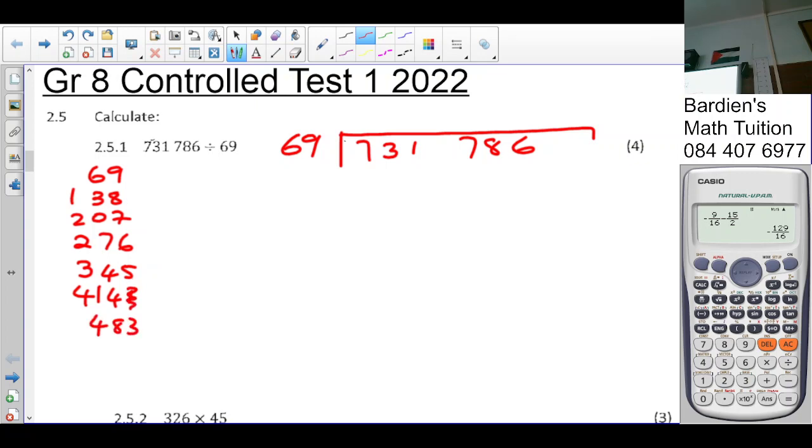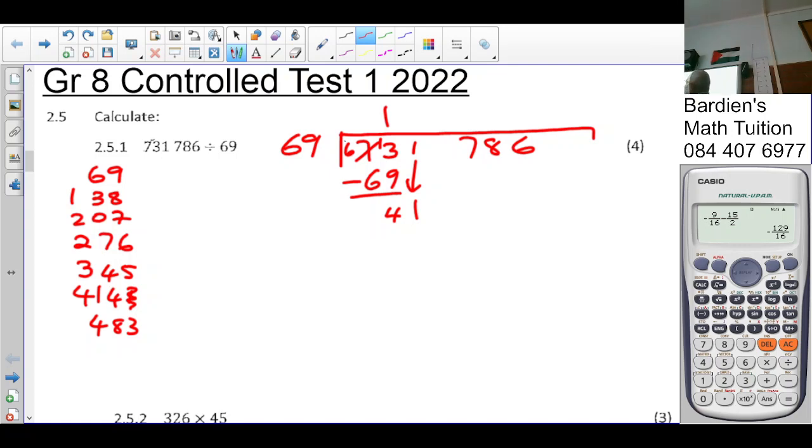Let's see. So how many times is 69 going into 73? 1. So 1 times 69 is 69. Subtract. You get 4. Bring down the 1. Can 69 go into 41?